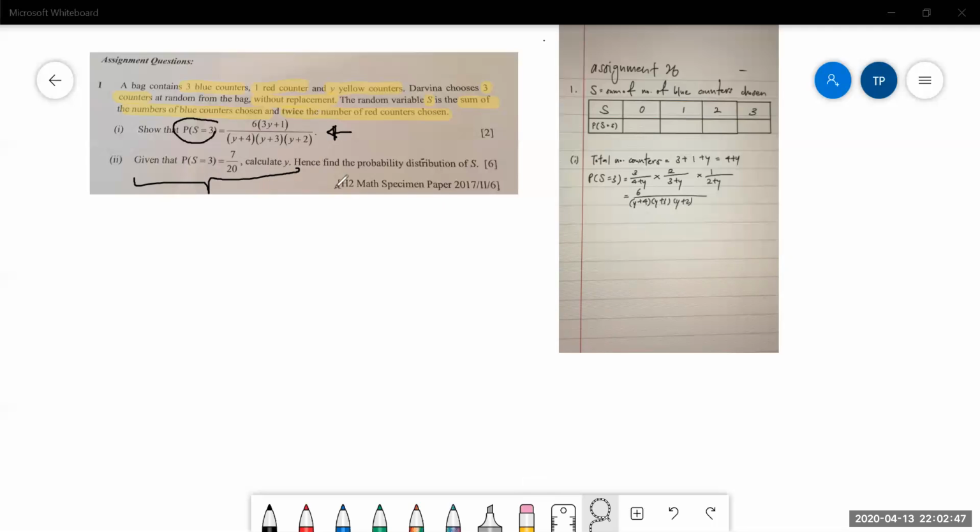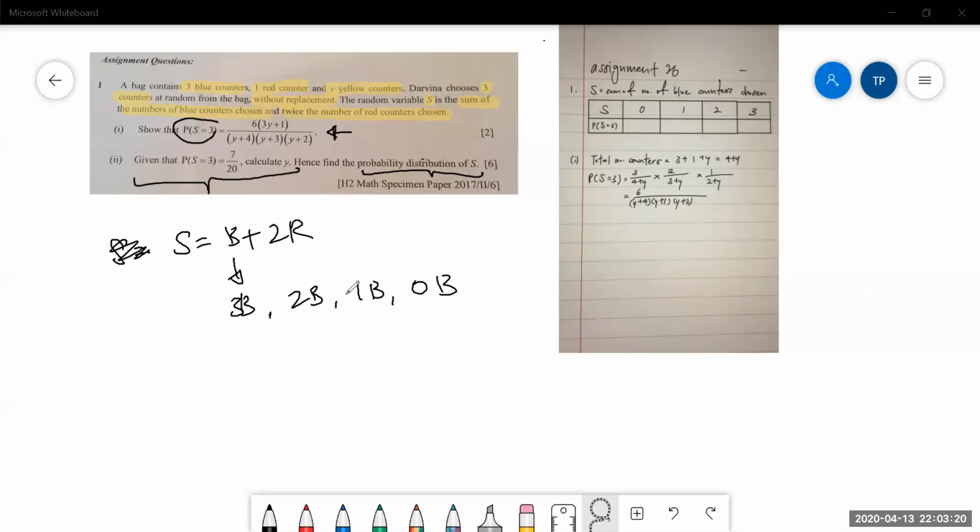Hence, find the probability distribution of S. Means you need to find all the different values of S. So one of the S is 3. Because now S is equals to blue plus 2 red. So it can be 3 blue, 2 blue, 1 blue, or 0 blue.